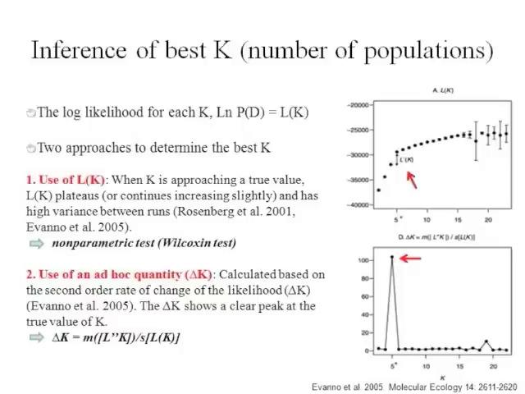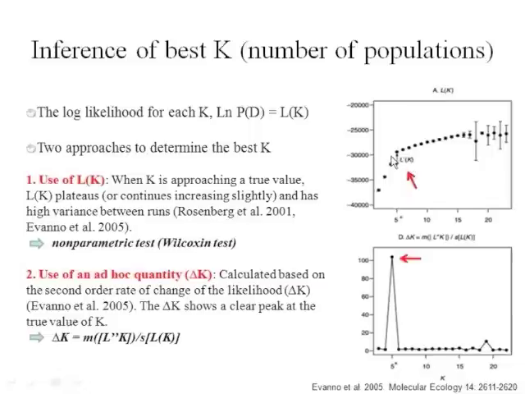The logic behind the non-parametric method is that when K is approaching the true value, the likelihood value plateaus or continues increasing slightly and has a high variance between runs. In this top graph, the likelihood value increased dramatically from K equal 1 to 5.